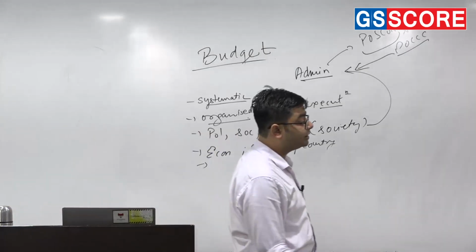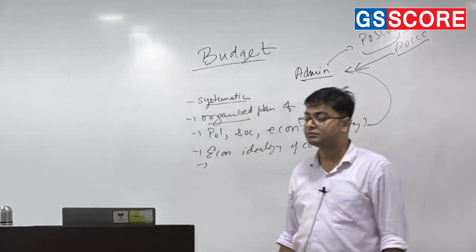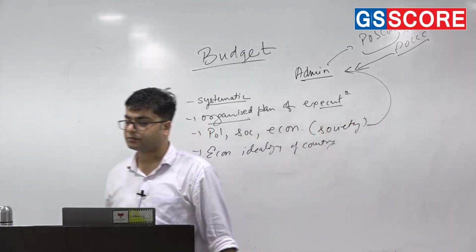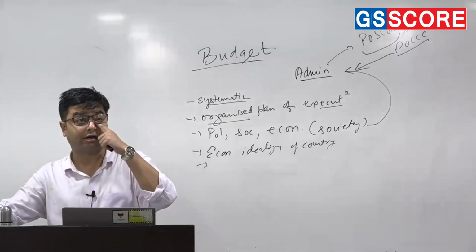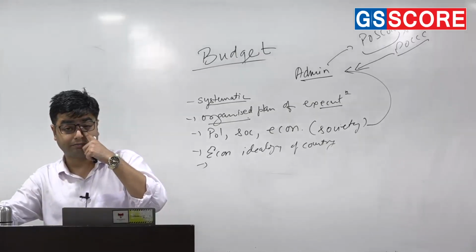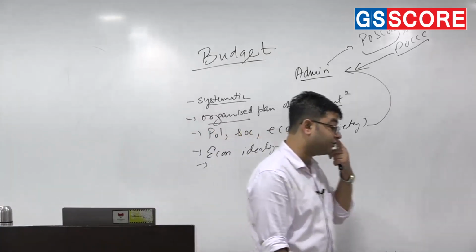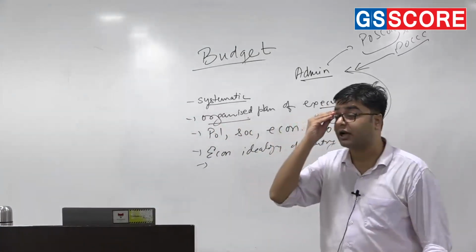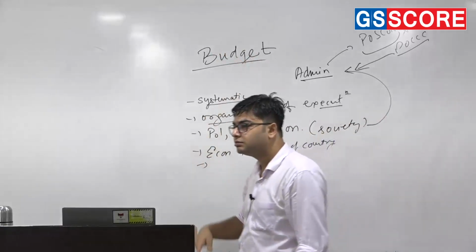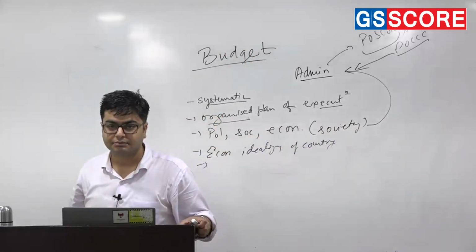Again, budget is a tool of planning, right? What are the goals, short term as well as long term? And directing the effort of the members of the organization here, the members of the government, to achieve those goals. It is administration.